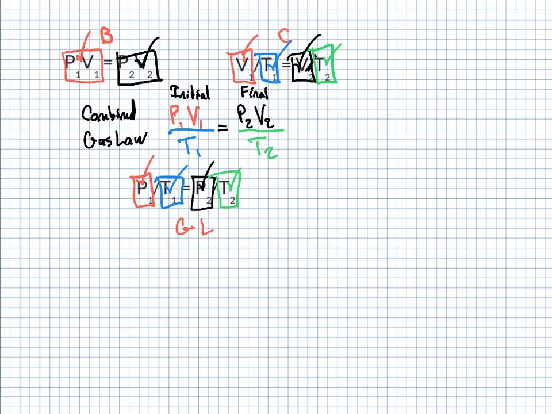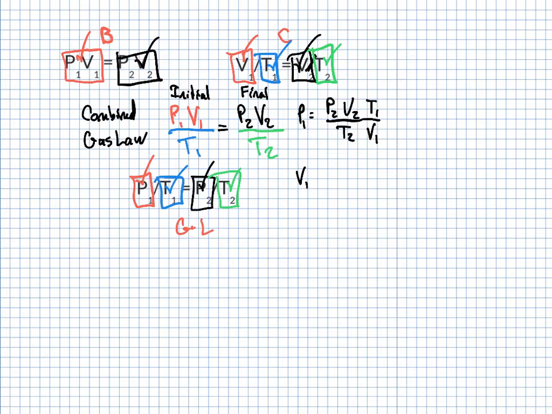So you can rearrange all of these things to be able to solve for each one. So let's start with P1. Well, that's P2V2 over T2. We already know that. T1 was in the denominator, so now it needs to be in the numerator. And V1 was in the numerator, so it now needs to be in the denominator.